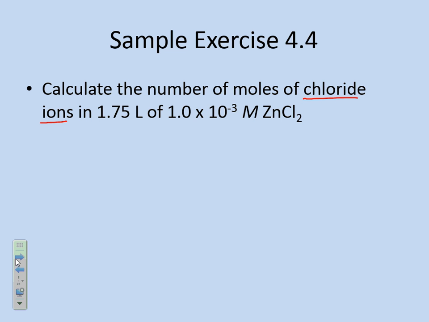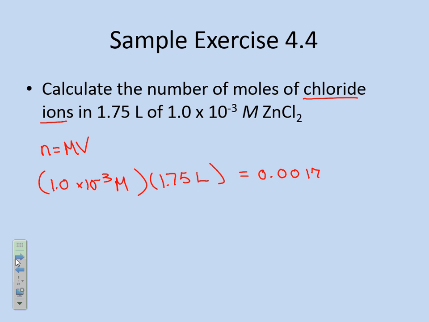First thing I'm going to find out will be the number of moles of zinc chloride, so M times V. So, my molarity is 1.0 times 10 to the -3 molar, and my volume is 1.75 liters. So I have 0.00175 moles of zinc chloride.